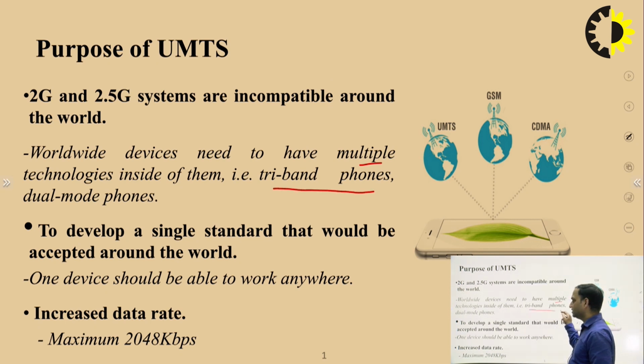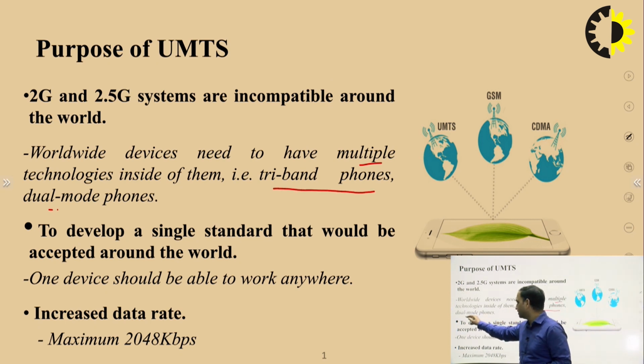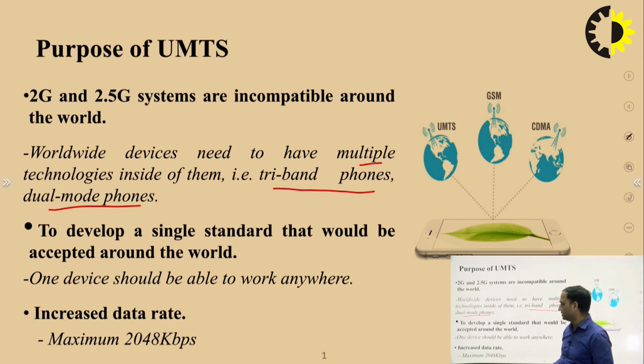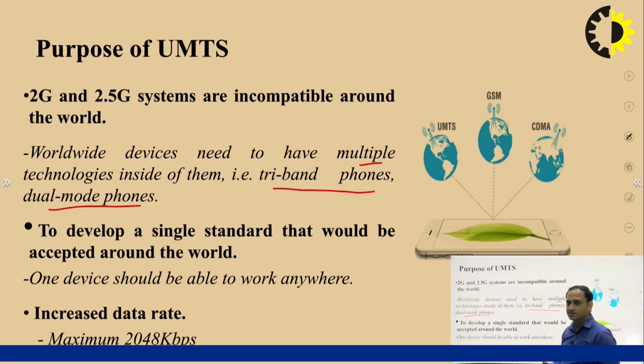Tri-band phones and dual mode phones are used in UMTS. So the requirement is now different, but the purpose is the same: always connected using the internet. The purpose is the same, but the architecture is now different, using different band phones. Not all the time are GSM phones used to access it.